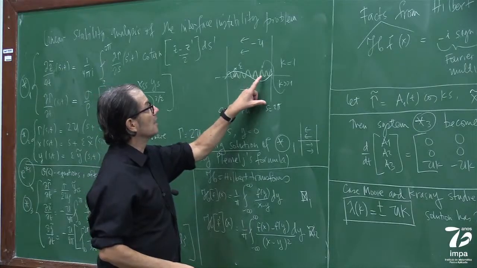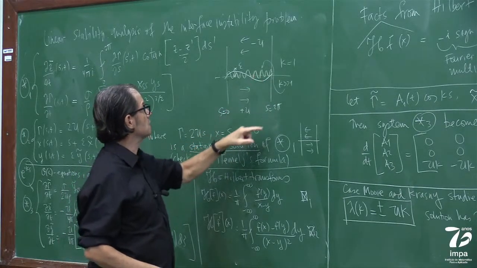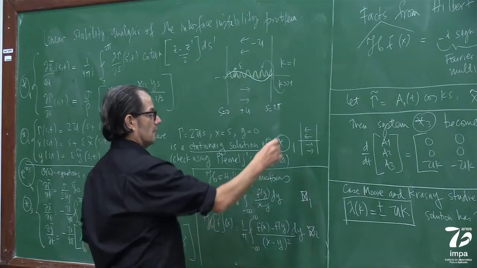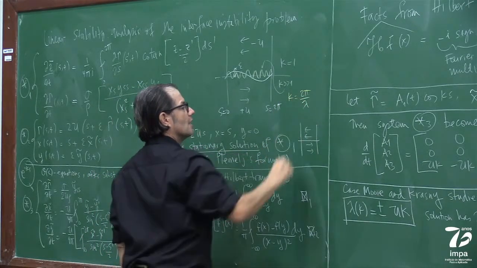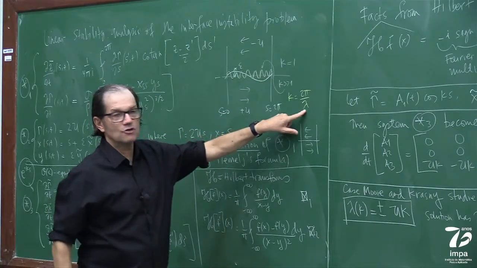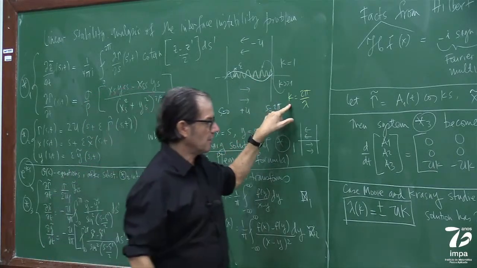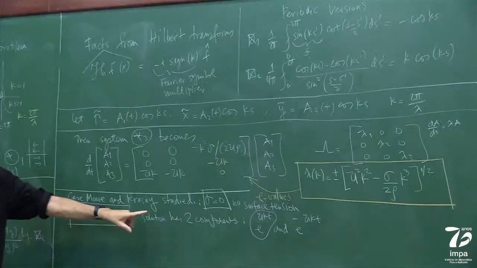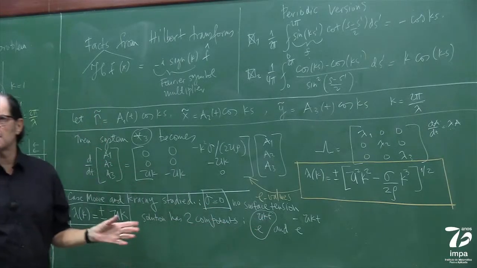Because look, a fast perturbation is a smaller wavelength. K is 2 pi over lambda. So this guy has a very short lambda, therefore a very high K. Because of a very high K, it grows faster. Okay? And I'm not going to show this here.